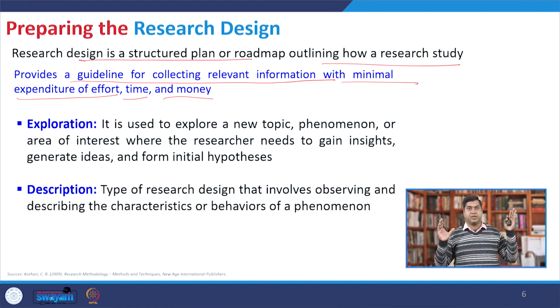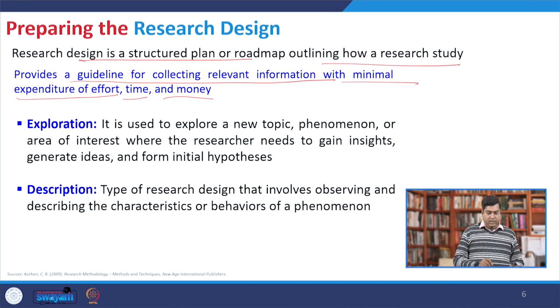If you are very clear that for my research this data is required, and I can identify the sources, then it will not take much time to gather the information. If we are clueless and do not have any idea before reaching that stage about what data is required, then we keep roaming here and there and find difficulty in collecting the information.